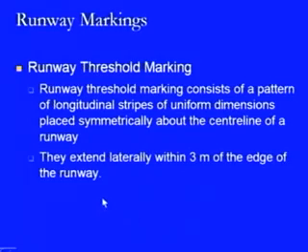That means from the edge of the runway strip it goes up to 3 meters from the sides. So, that is how they are located. On the basis of this specification, the number of strips needed for threshold marking will be computed based on the width of each marking as well as the clear gap between those markings.